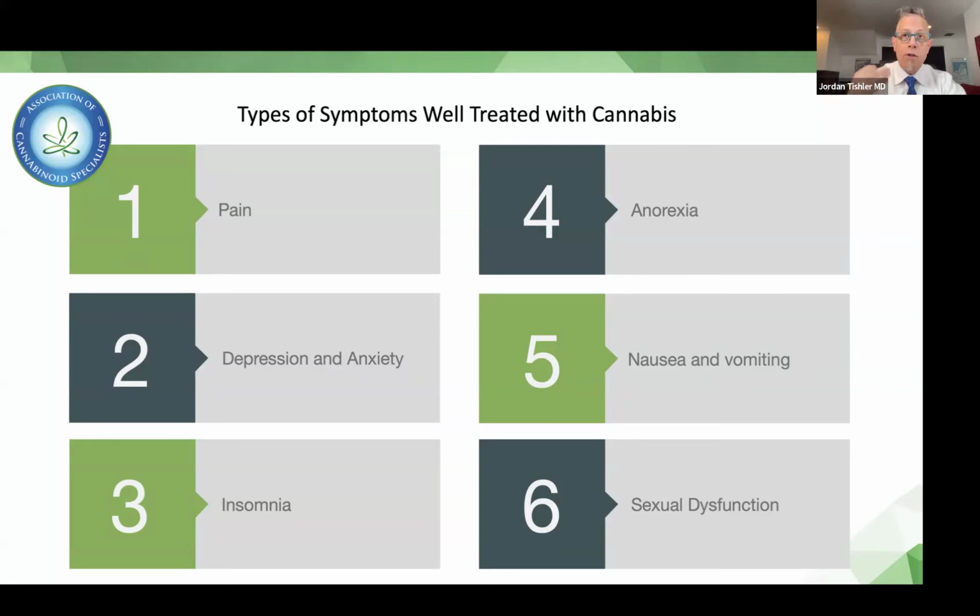And people get very focused on the intoxication, which for some people is very pleasant and other people not so much. But really what's interesting to me is that what it's really doing is some neurochemical changes that allow us to get the benefit to anxiety and depression without the intoxication if we're using that kind of a dosing regimen.